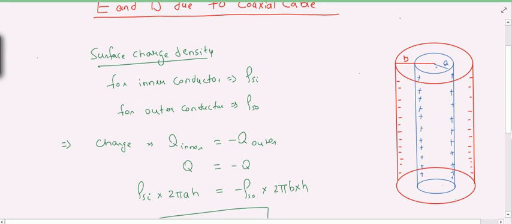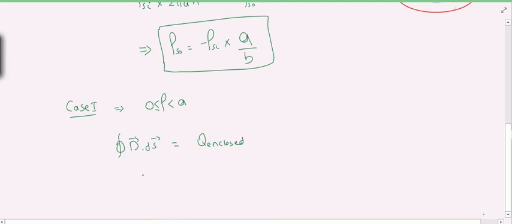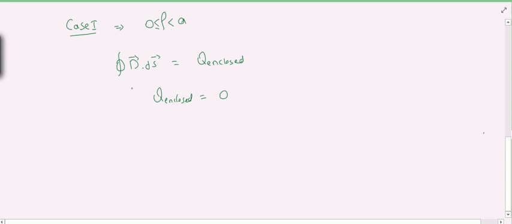For a cylinder of radius 0 to less than a, there will be no charge enclosed. So for this range, Q enclosed will be 0. This means that the electric field intensity or displacement flux density in this region will also be 0.